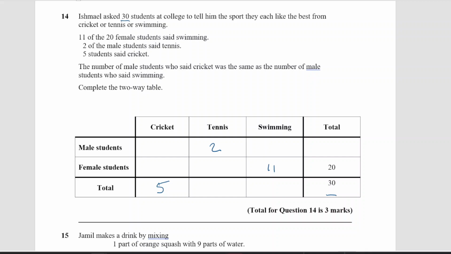Our next stage is using one level of information to work out some other missing values. The one that we can do is the 10 here, because 30 minus 20 would give us 10.